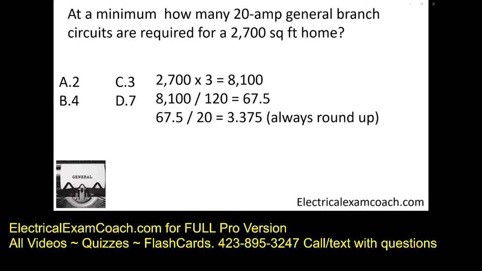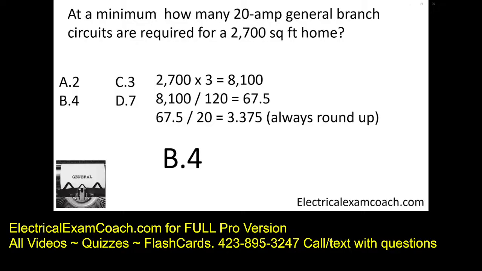And we're always going to round up because you can't have a piece of a circuit. So the correct answer would be 4 for this home. Now, these are not to be confused with the 5 required ones. This is if someone wanted to continue to wire their home for their general lighting and receptacles with 12-gauge wire. They'd be allowed to put them on 20-amp circuits at that point, and this is how we would calculate it.